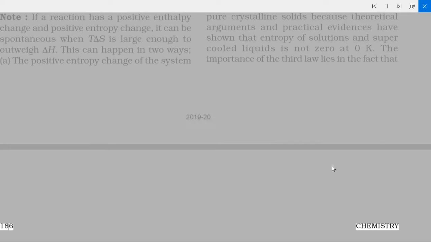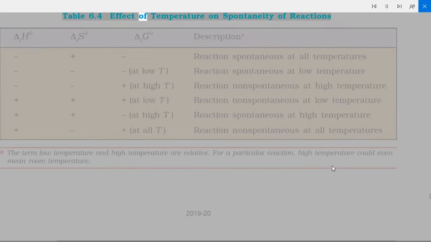Table 6.4 Effect of temperature on spontaneity of reactions. Depending on the signs of ΔH and ΔS, the reaction is spontaneous at all temperatures; or spontaneous at low temperature but non-spontaneous at high temperature; or non-spontaneous at low temperature but spontaneous at high temperature; or non-spontaneous at all temperatures.